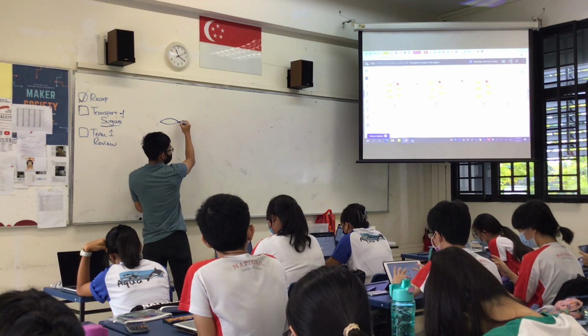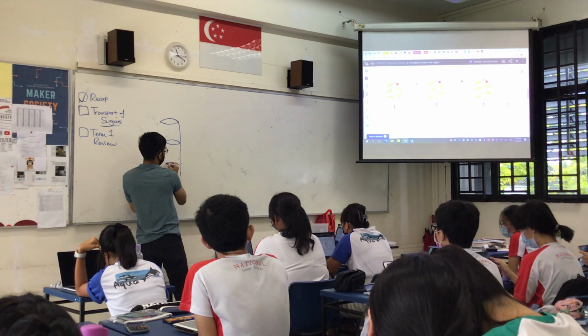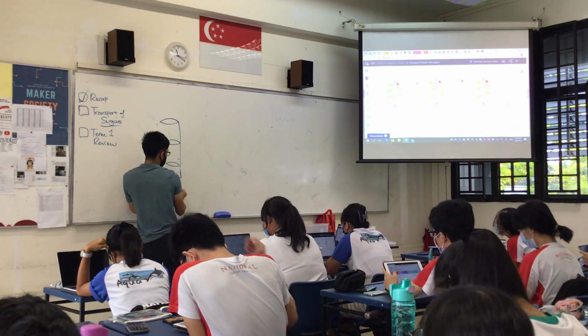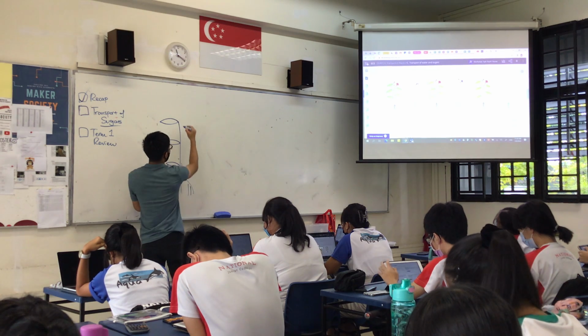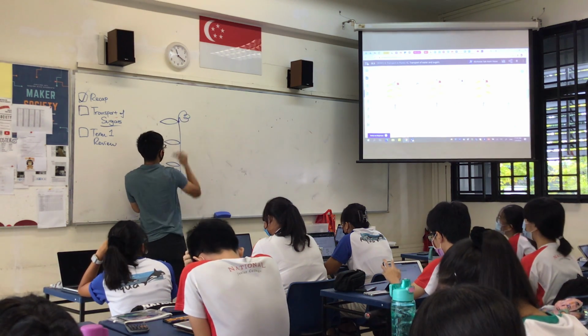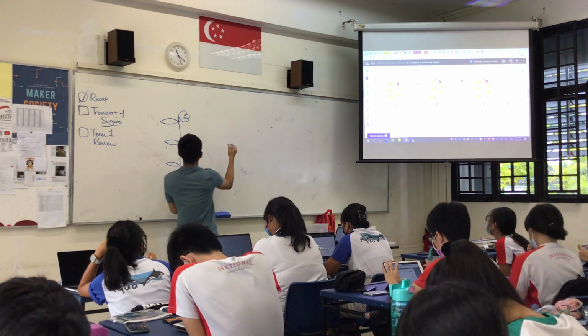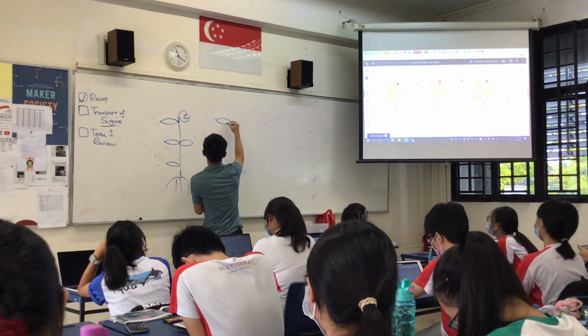There are 3 different parts. I'm just going to draw a simplified model. And then there's a flower here. So I'm going to replicate this.